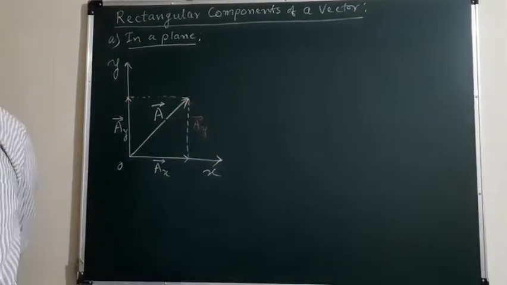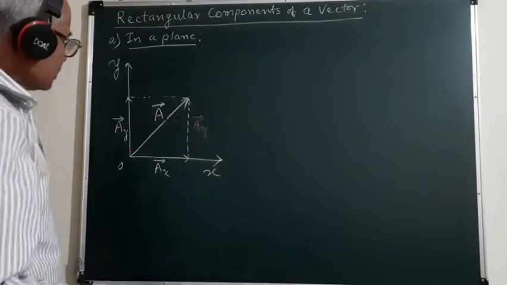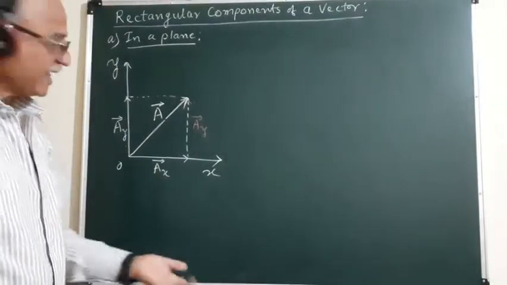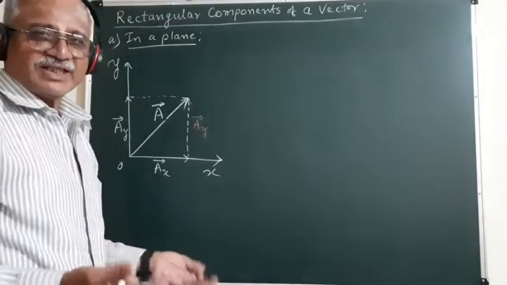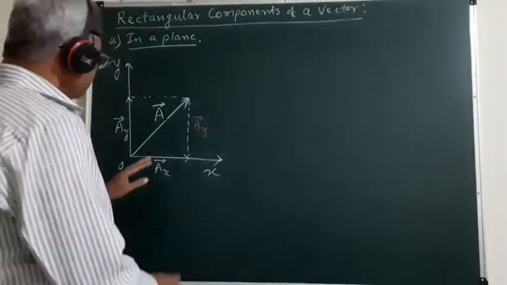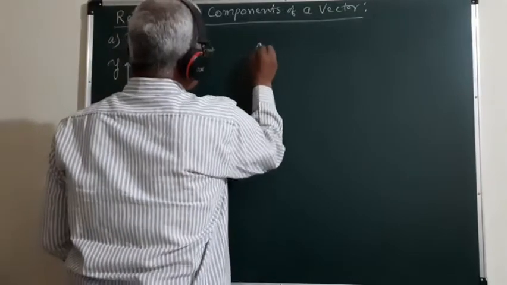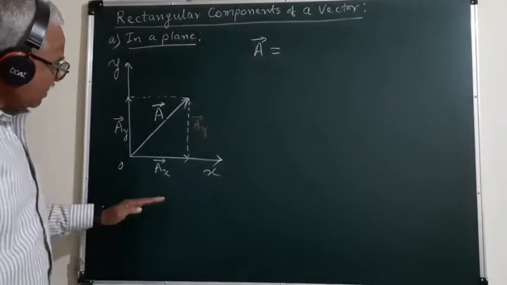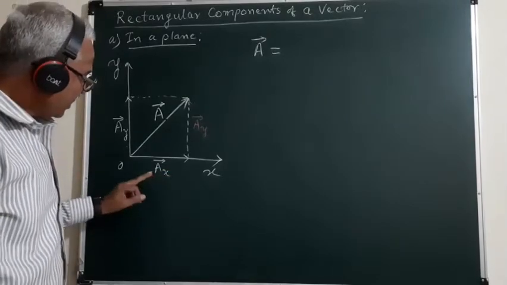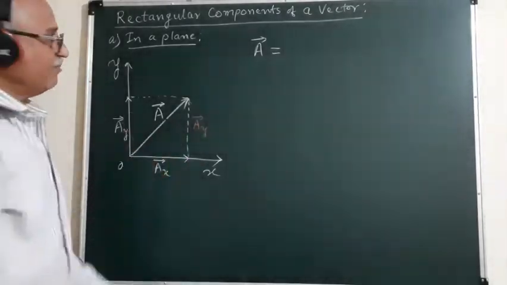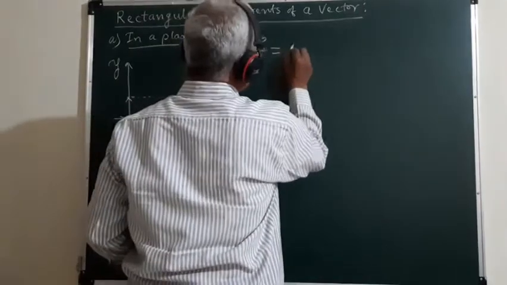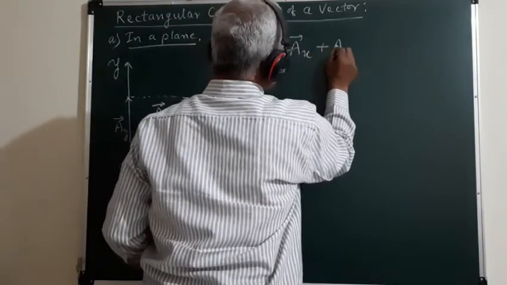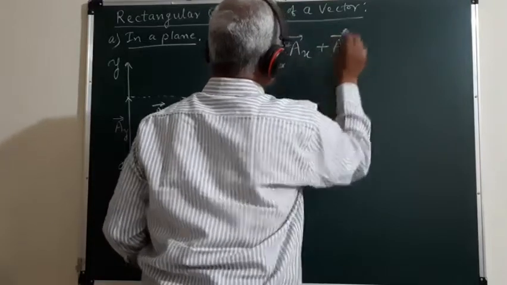So that in accordance with the triangle law of vector addition, which we are going to study next, you must have studied it earlier, the vector a bar here can be expressed as the sum of the two vectors ax bar and ay bar. So a bar is expressed as ax bar plus ay bar.